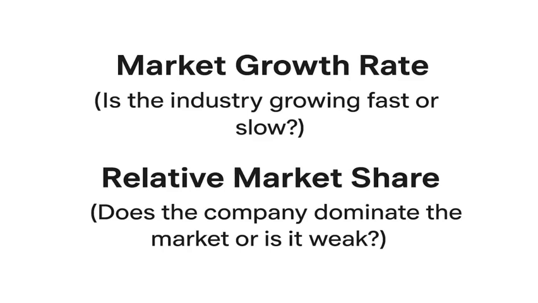An example: if a company has $30 million in sales of LED TVs, and the entire LED TV industry sold $100 million in the same year, the company's market share is 30%, because $30 million divided by $100 million multiplied by 100 is equal to 30%.